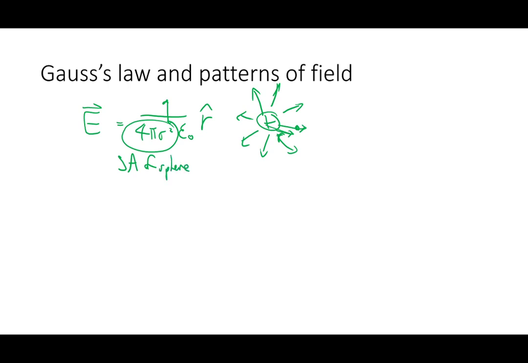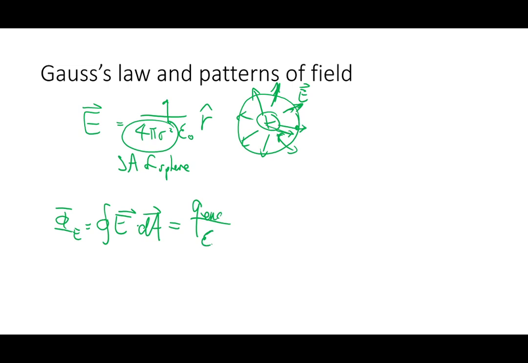So that motivates us to draw these spherical Gaussian surfaces, so we can relate the amount of electric field going through this surface, which we end up calling flux, to the amount of charge enclosed inside that volume.